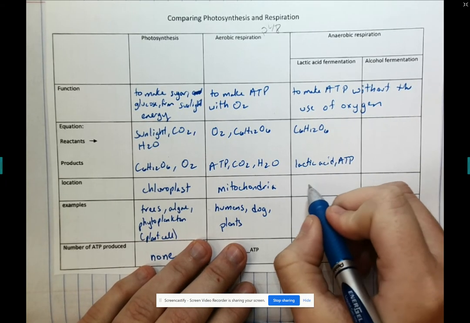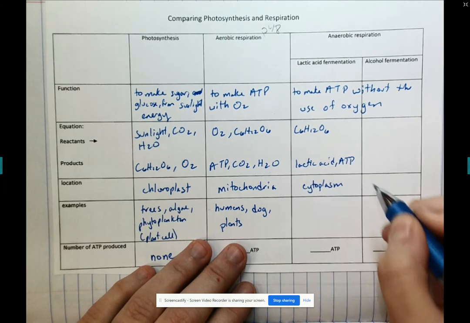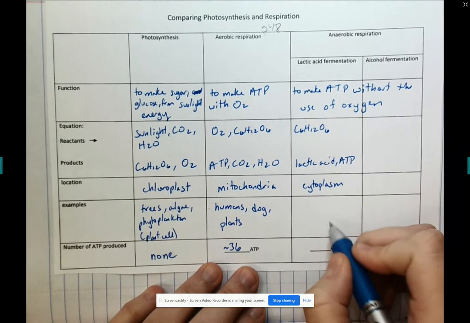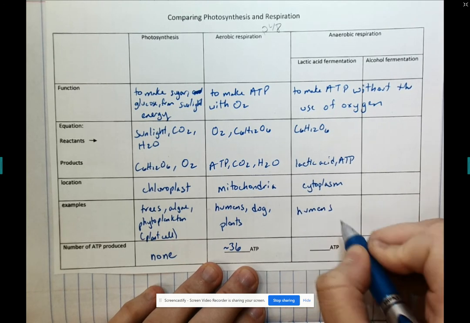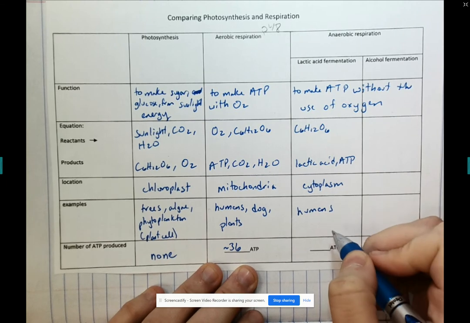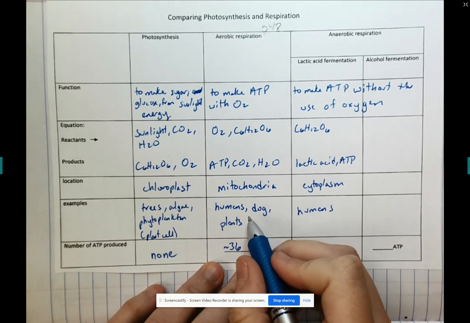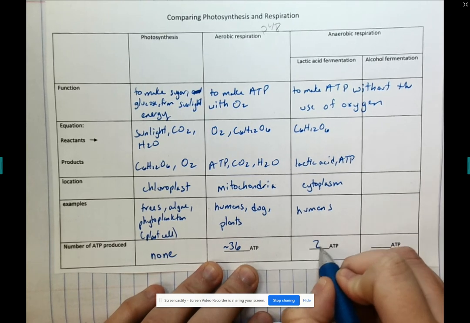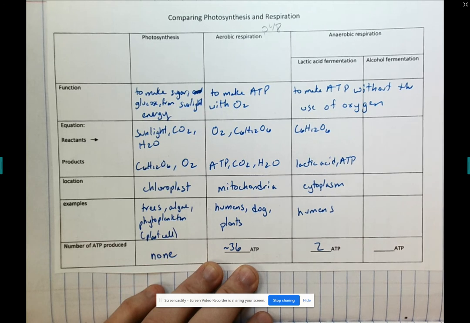The location is the cytoplasm. Examples of organisms that perform lactic acid fermentation: humans, right? This is our plan B, our backup method for when aerobic respiration just isn't enough. And we'll make about 2 molecules of ATP for every molecule of sugar that goes in.